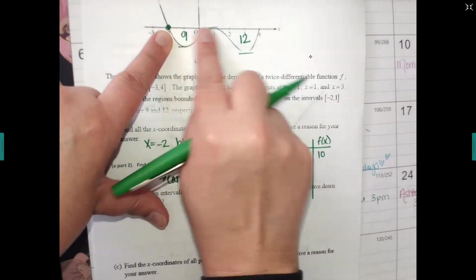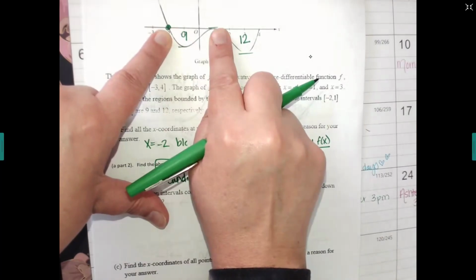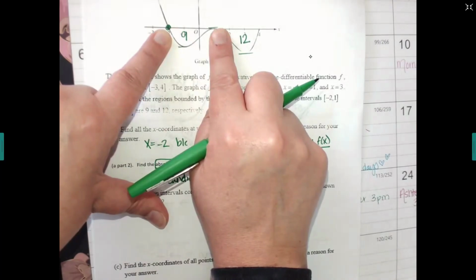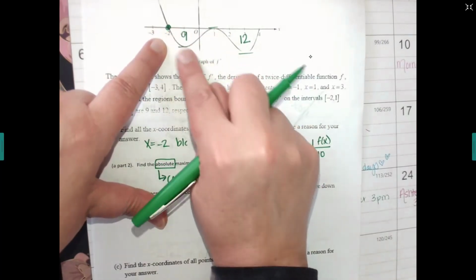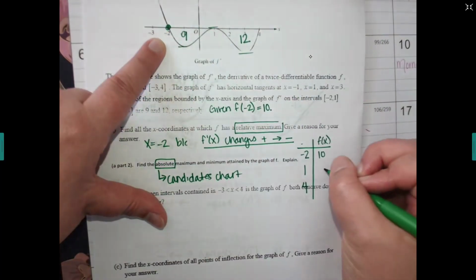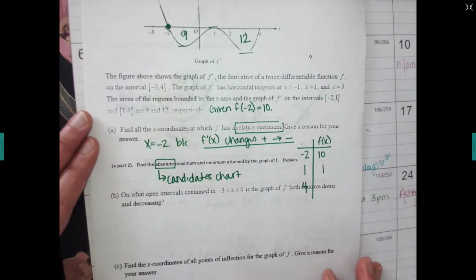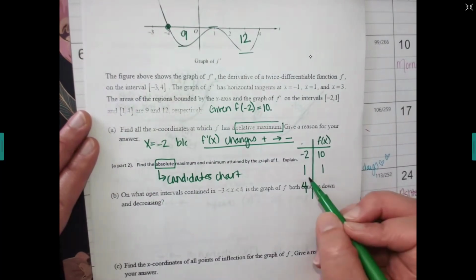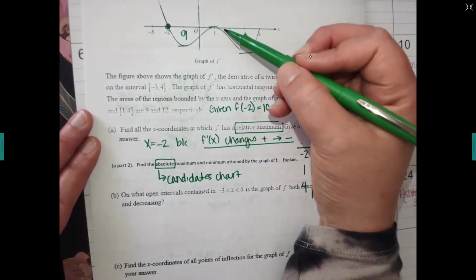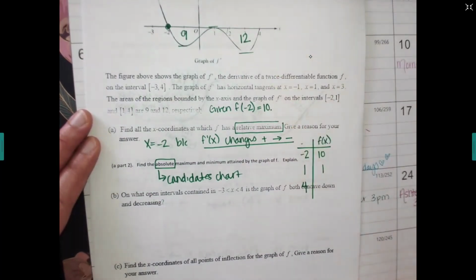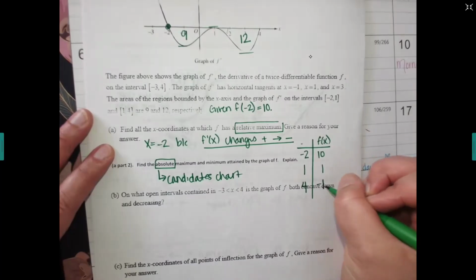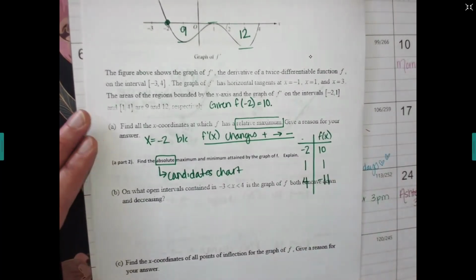So from here to here, how much area does it change? 9. Should I add the 9 or minus the 9 if the area is below? Minus. So if it was 10 and I take away 9, my value is now a 1. Okay, then for my second little pocket, from 1 going on to 4, I'm going to lose another 12 of area. So if I minus 12 more, that makes that -11.